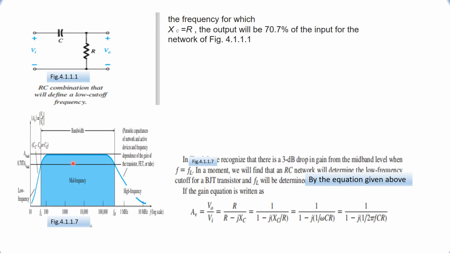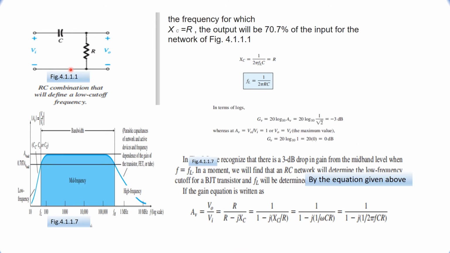We get a minus 3 dB gain when Xc is equal to R, or when the reactance of the capacitance is equal to the resistance R, and the frequency is going to be 1 upon 2 pi RC. At maximum reactance, gain is 0 dB.